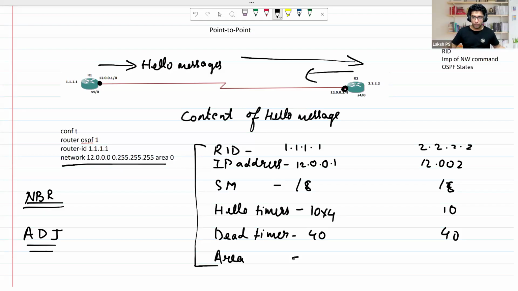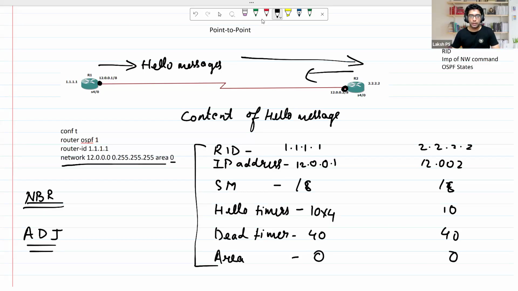Let alone the area. How can we be neighbors? So if two routers want to be neighbors, they should be in the same area. We'll talk about the area concept in just a while, probably tomorrow. So the area should be the same, 0 and 0.